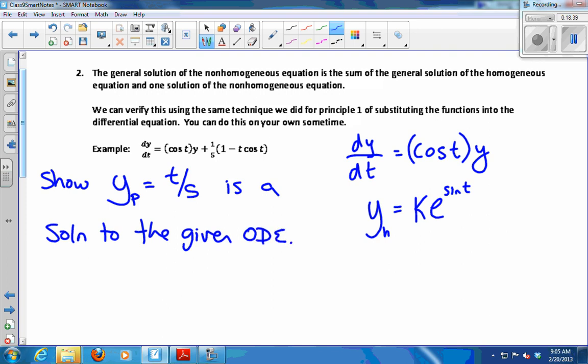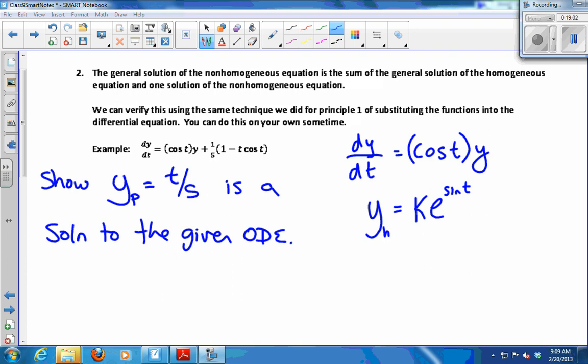So take a minute to substitute: find dy/dt and plug in t over 5 for your y's over here, and show that they're equal. To verify that a function is a solution, we just substitute. You don't have to actually try to solve it and get t over 5.